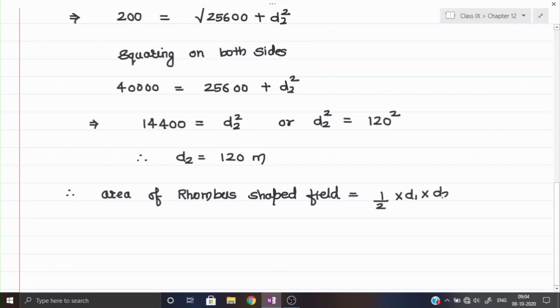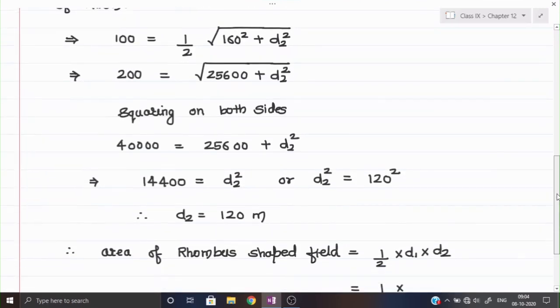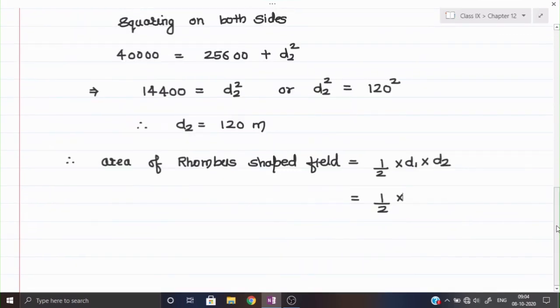This is the formula we know, so we can apply it. 1 upon 2 into the value of d1, which is the one diagonal given to us, 160. You can check, here also I have put the value of d1 as 160, so we keep one diagonal as 160 and the other diagonal as 120. From 2, if I cancel 160, the remaining is 80 over here. 12 eights are 96. So 9600 meter square is the total area.